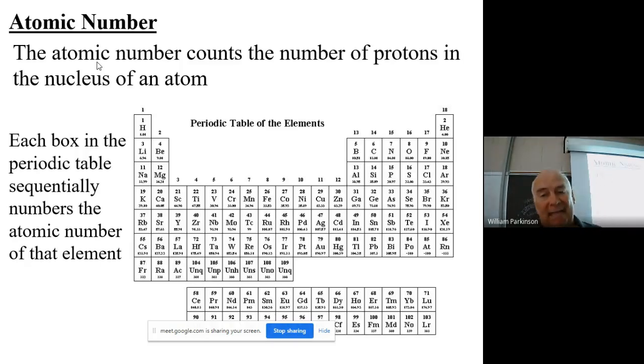Every element in the same column, and each column is known as a group of elements, has very similar chemical properties, meaning they undergo the same kinds of reactions as other elements in their group.